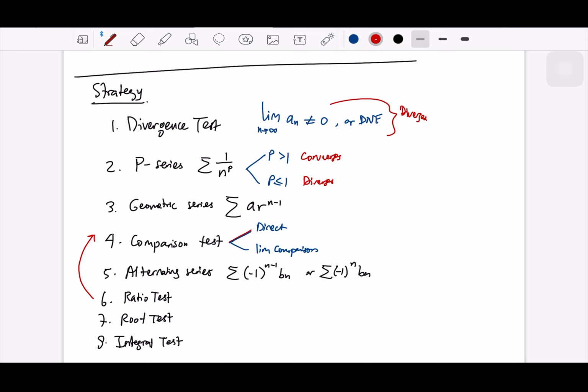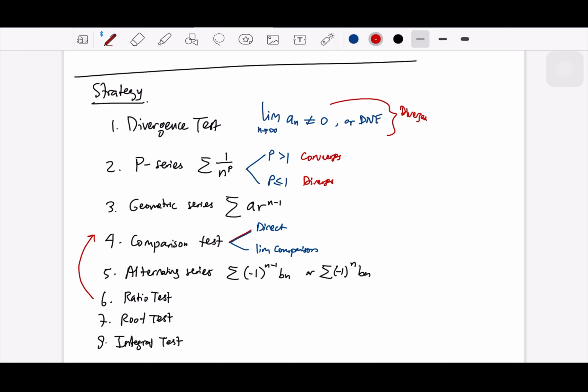But I'm not suggesting using the integral test. And if the series has alternating signs, you can go directly to the alternating series test, and check whether the value is getting smaller and the limit of this b_n is equal to 0. Then you can find whether the series converges or not.